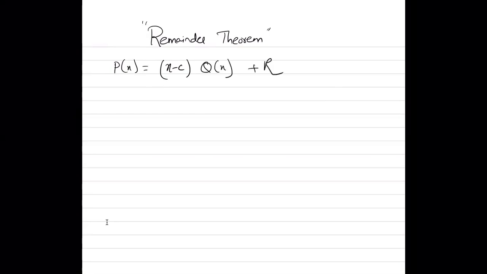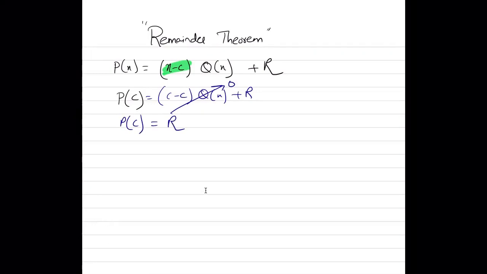Okay, so x minus c is not going to be called a factor, it is going to be called a divisor. And if in the polynomial you plug in the value of c, this entire term is going to be 0, and the answer is going to be equal to the remainder.